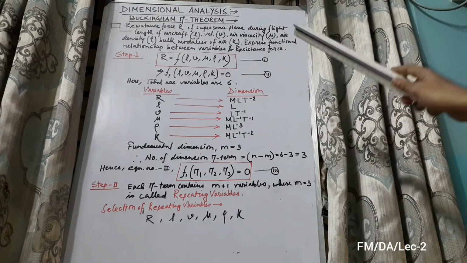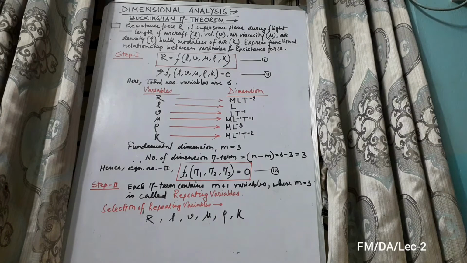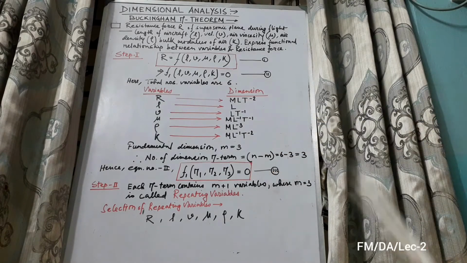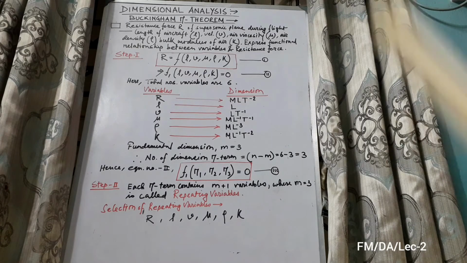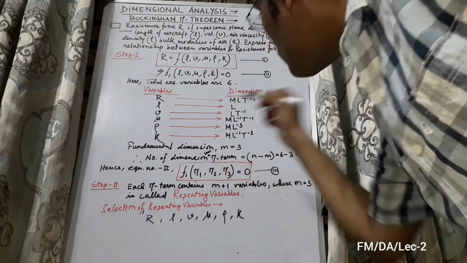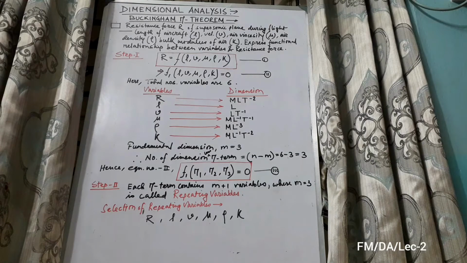And in the definition of the Buckingham theorem, we also discussed n minus m, that is the number of dimensionless pi terms.